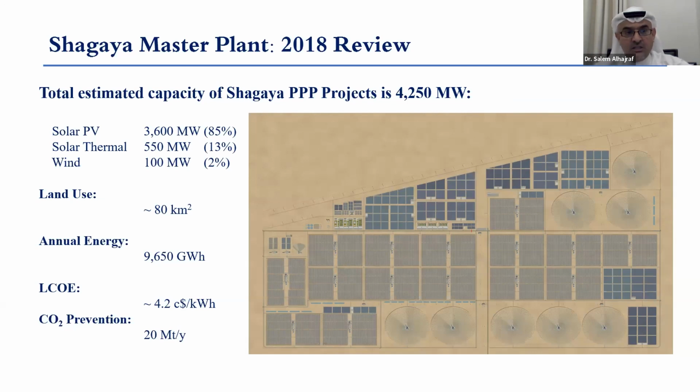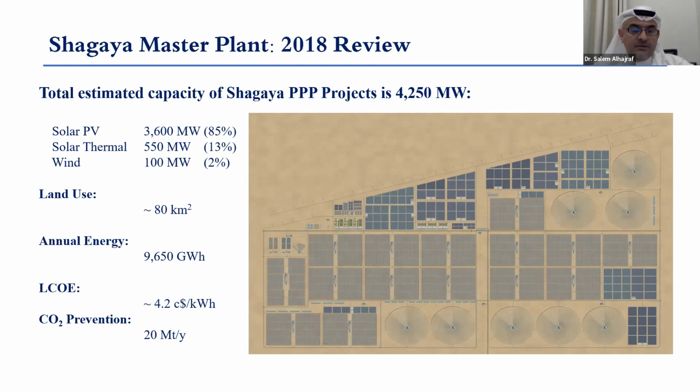85% of that went to solar PV, which is obvious due to the low operation and maintenance cost, and also fast installation, and low levelized cost of energy compared with other technologies. 550 megawatt was allocated for solar thermal, especially with the energy storage to stabilize the grid for power evacuation.